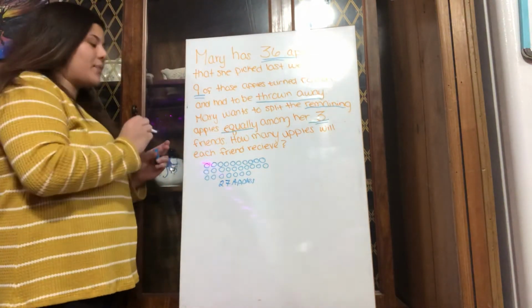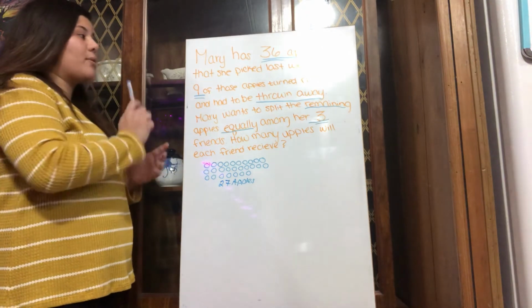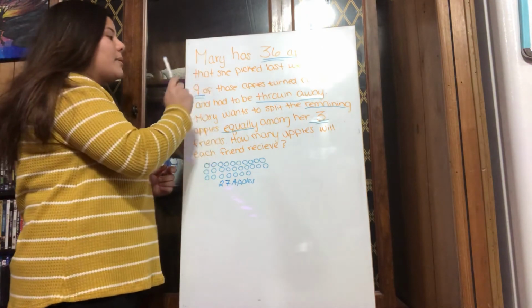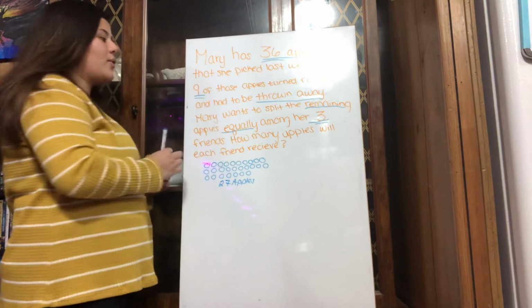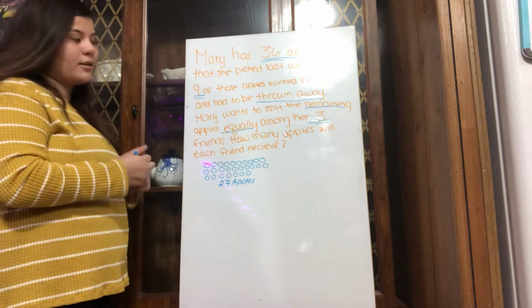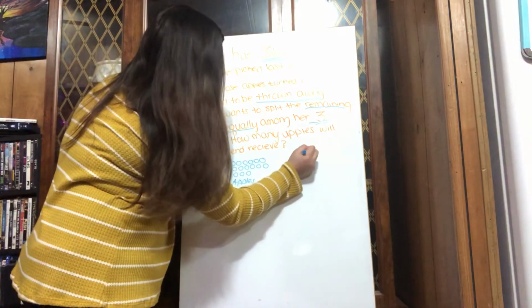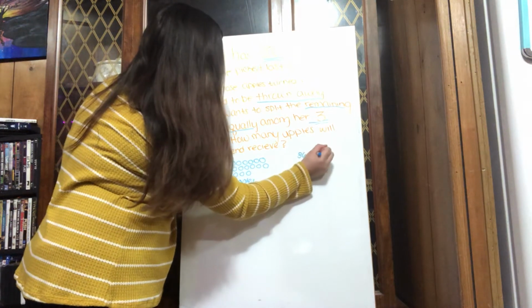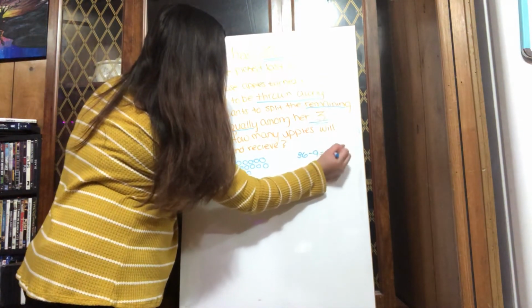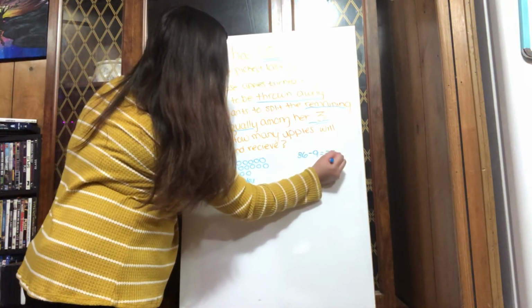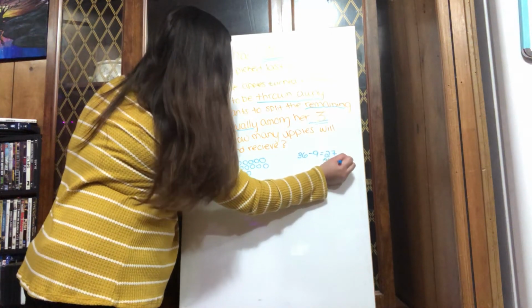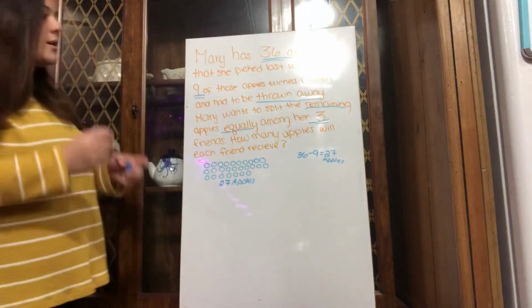And these are the number of apples that remain after Mary threw away the 9 apples that went rotten. So we know that 36 minus 9 equals 27 apples left.